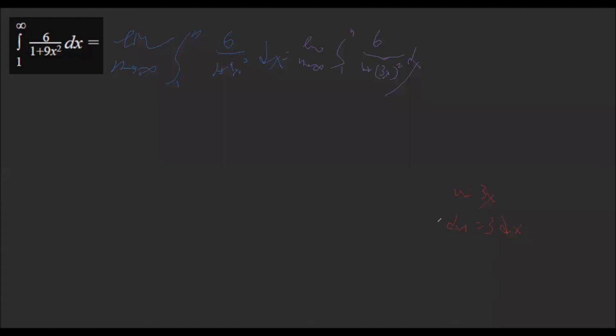And so all we have to do now is substitute. So we can say that this is equal to the limit as n approaches infinity of the integral from 1 to n, 6 over 1 plus u squared dx. However, we have a variable in our integrand, u, however, we're differentiating with respect to x as shown by this dx.